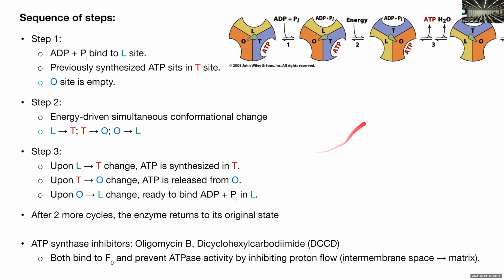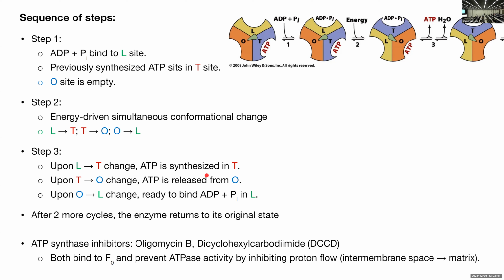And the ATP that was already synthesized is released from this O, which used to be T, but it's open, so it can release it. Upon the O to L change, it now has affinity to bind ADP and inorganic phosphate, and it basically cycles through these 3 steps.